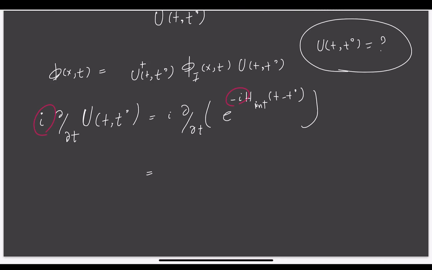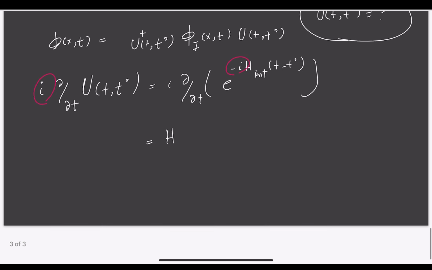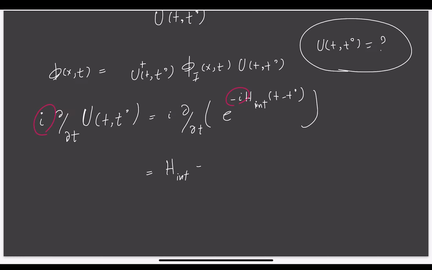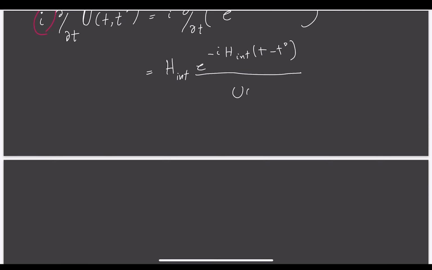When I take a derivative with respect to t, I'm going to have H_interactive times exponential of minus i H_interactive (t minus t0). And now I have the differential equation, because this term is U of t and t0. Then I'm going to have the following differential equation.